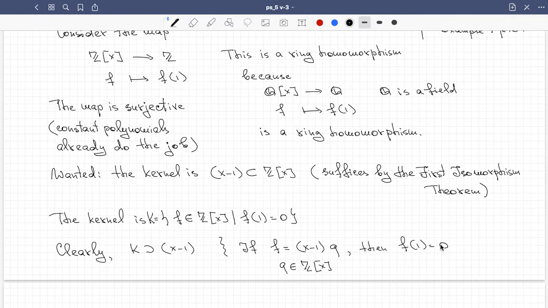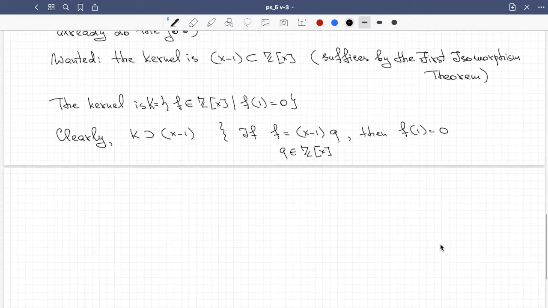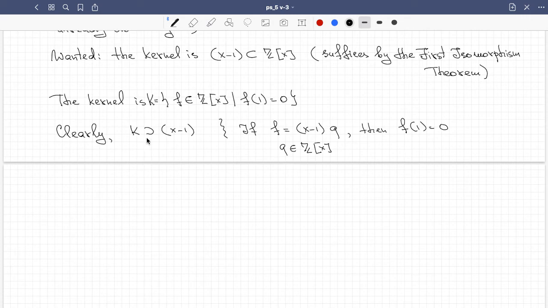This is very clear. But the subtlety is the opposite inclusion. So we need that the kernel sits inside that.